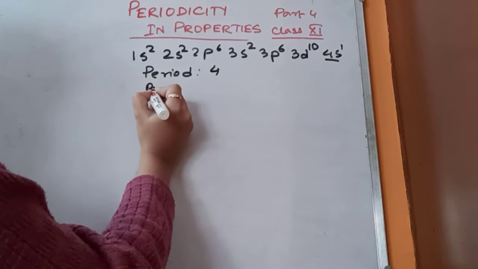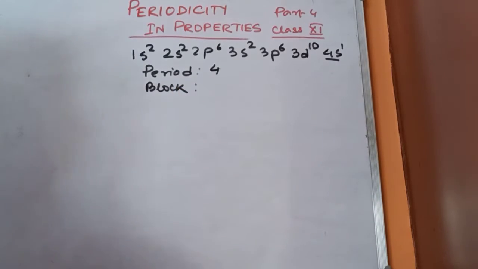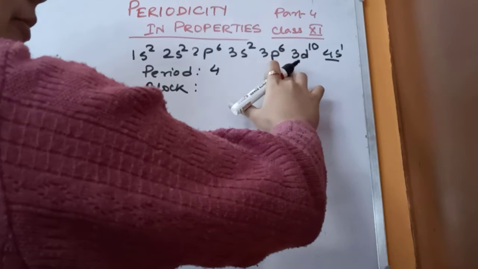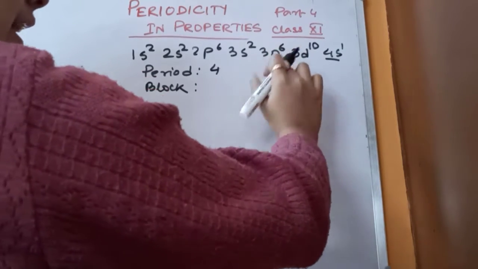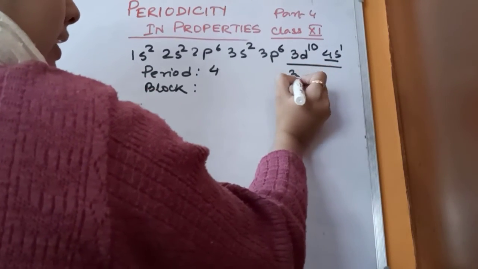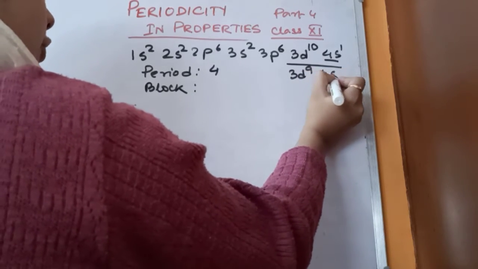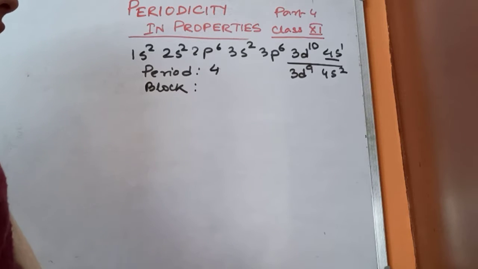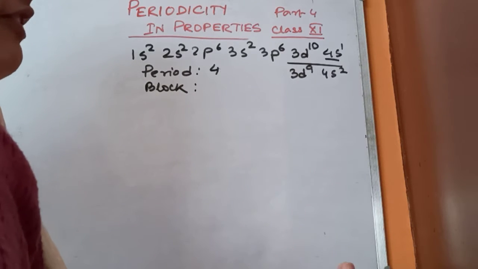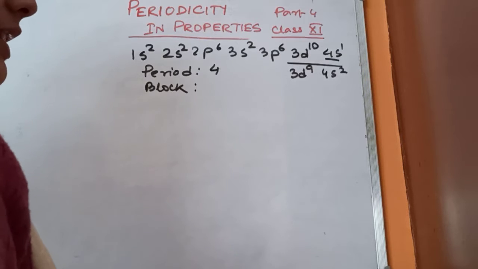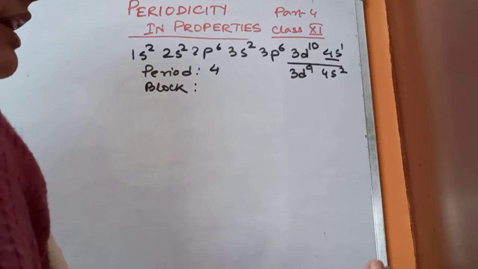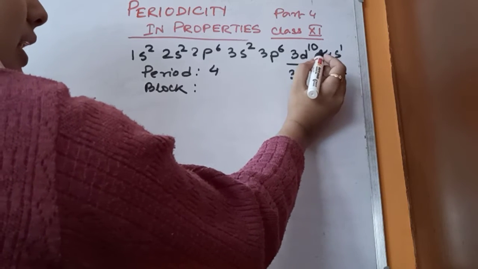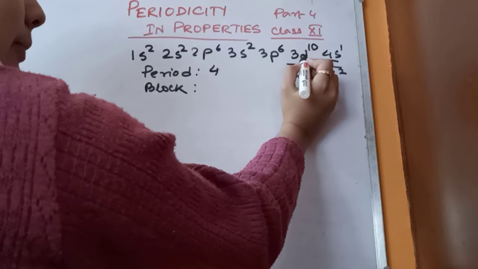Now for the block. We all know that first the 4s orbital is filled and then the 3d orbital is filled, so the configuration would have been 3d9, 4s2. But because of the extra stability due to half-filled and full-filled configurations, one 4s electron is excited to the 3d orbital.